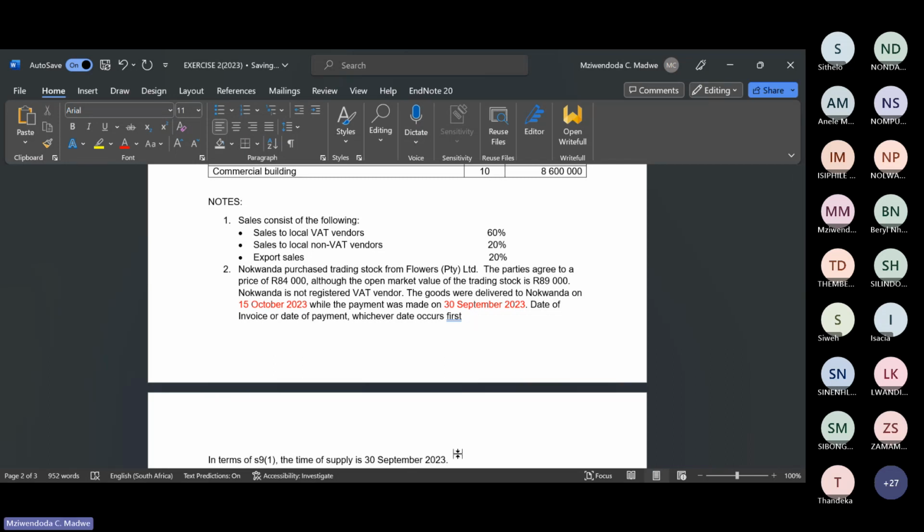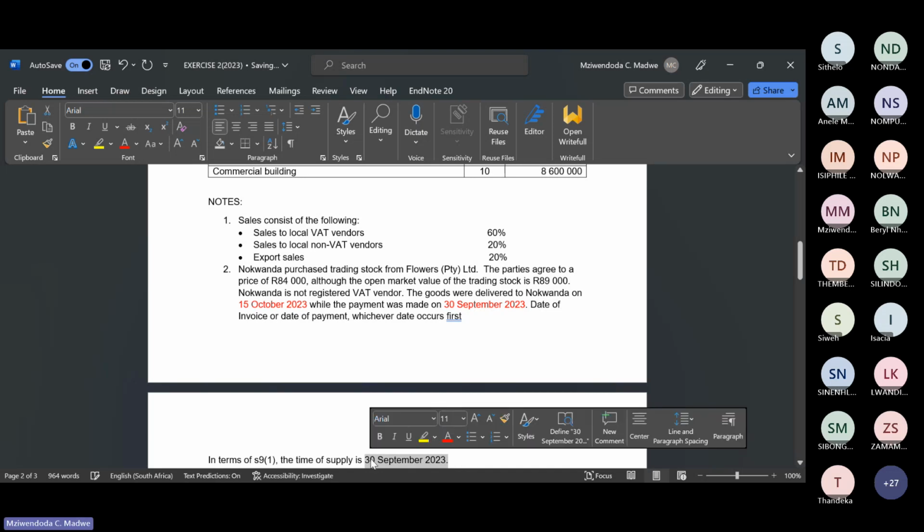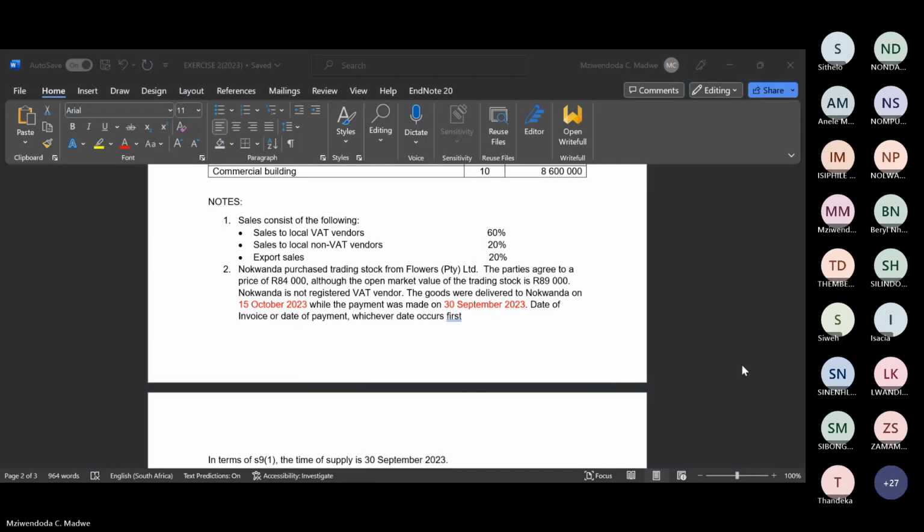But before you state that, remember you must first state that in terms of this, the time of supply is the earlier of the invoice date or the date of payment. From our scenario now, the time of supply is 30 September 2023. Okay. Together, yes? Okay, thank you.